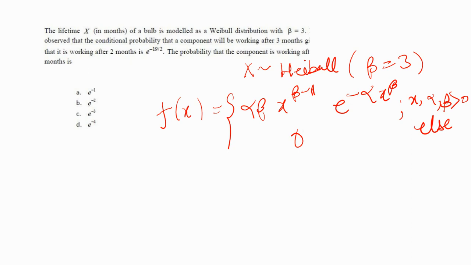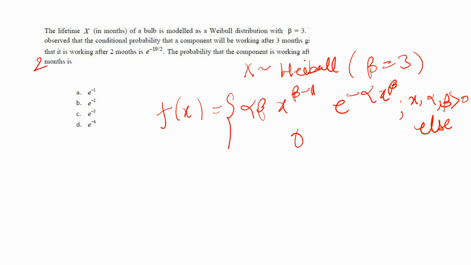So now what is given is that X follows the Weibull distribution with beta equal to 3, and then we have one condition given so that we can find the value of alpha. Sorry, this is after 2 months.